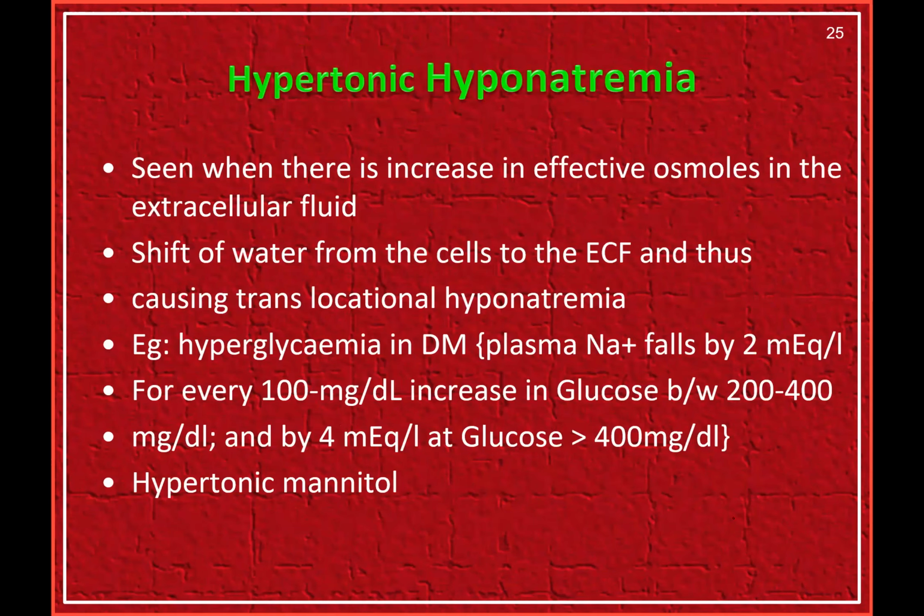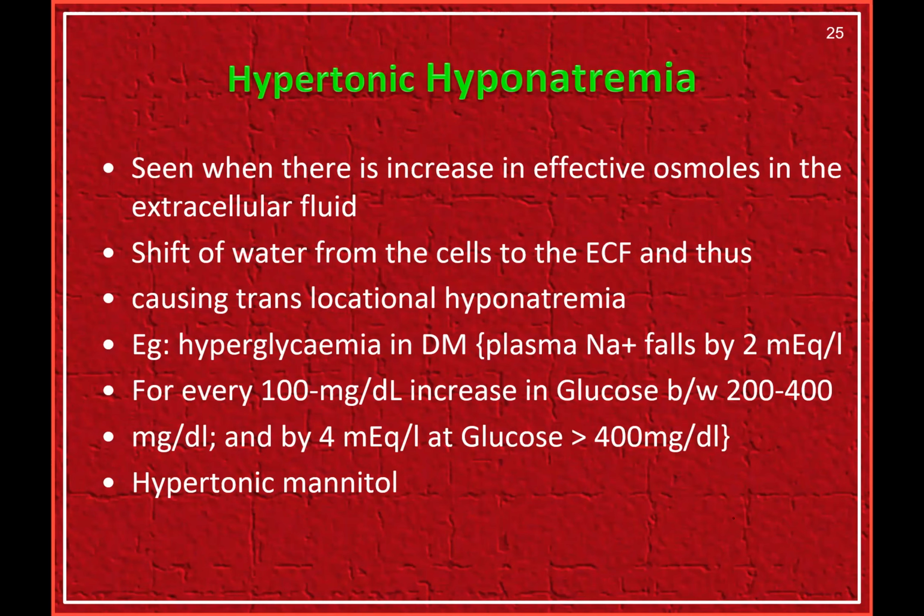So the first is pseudo-hyponatremia, then there is hypertonic hyponatremia. It means there is hyponatremia, less than 135, but the tonicity of the plasma is higher. It is seen when there is an increase in the effective osmoles in the extracellular fluid, with a shift of water from the cells to the ECF, thus causing translocational hyponatremia.